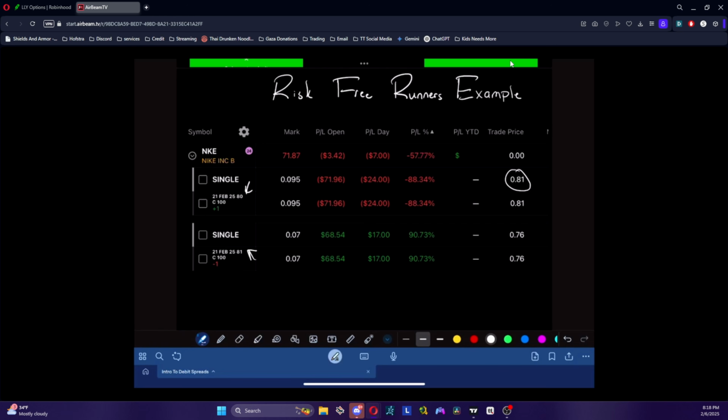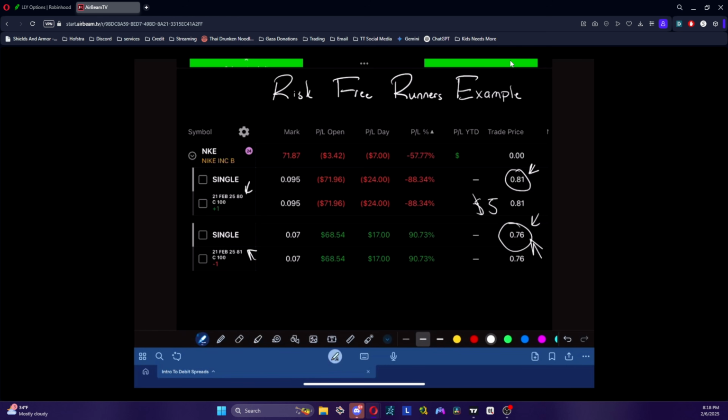I think it went from 50 cents to 76 cents. So I'm like, you know what? Let me sell this 81 call, receive $76, and basically reduce my cost for this option from 81 to $5. So all I'm risking is $5.